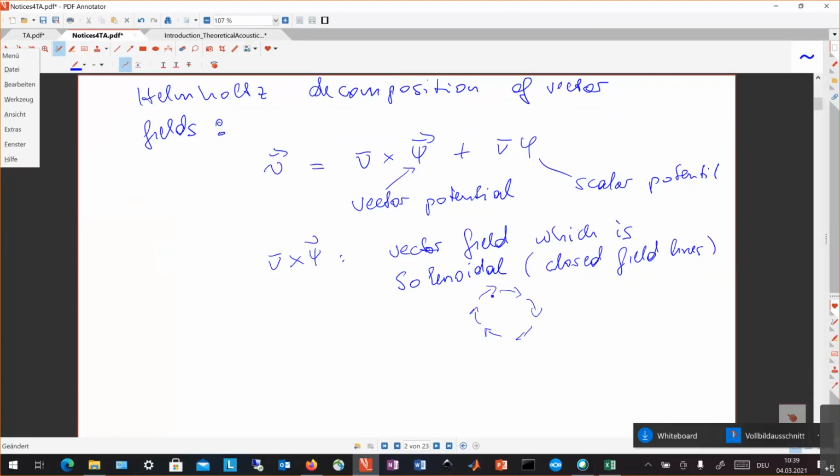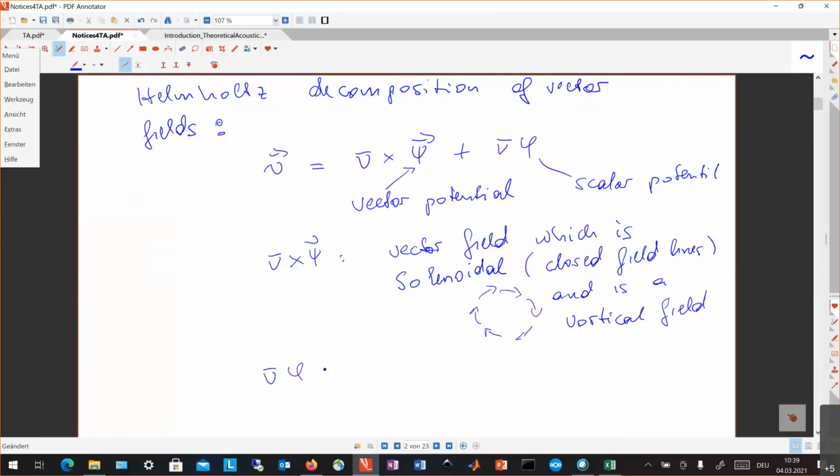So we call this the vector field which is solenoidal, and is a vortical field. So that we have now all the expressions in English, you call it solenoidal field or vortical field. On the other hand, we have the gradient of a scalar potential, and this you call an irrotational field.